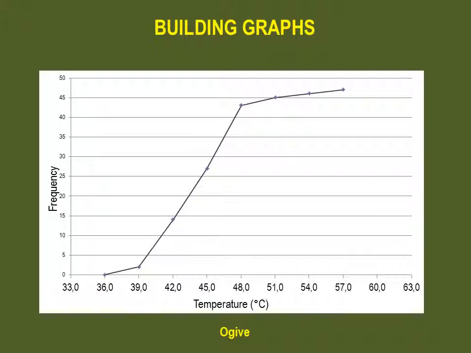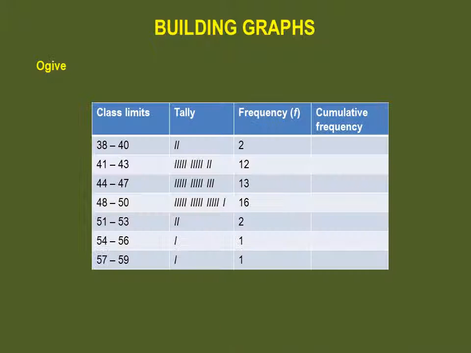The last graph we will see is the ogive. This type of graph represents the cumulative frequencies for the classes in a frequency distribution. Remember that to do a cumulative frequency, you must add the frequency in each class to the total of the frequencies of the classes preceding that class. Now, class number 1 has no preceding classes.